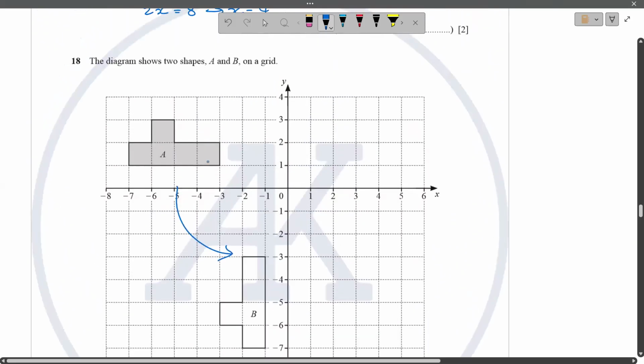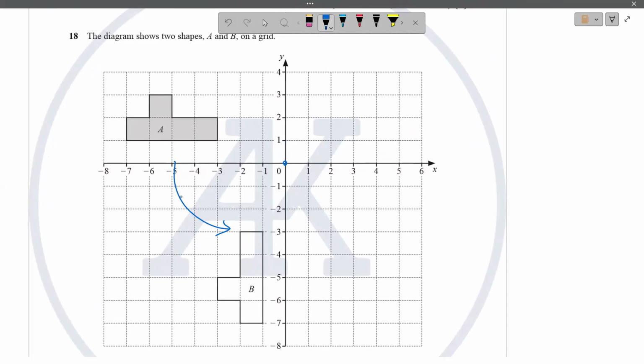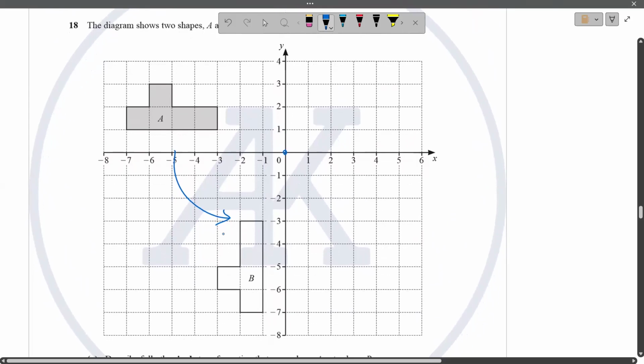After writing it, you can check using tracing paper and rotate 90 degrees anti-clockwise, and you will find the same position.